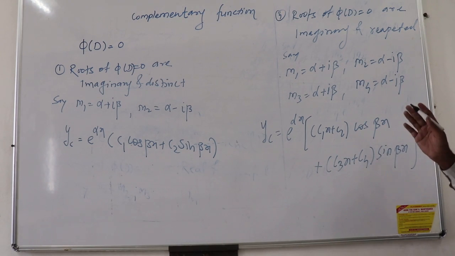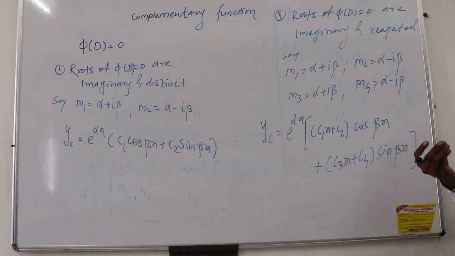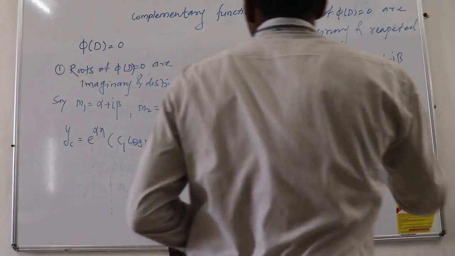So there are four parts of complementary function depending upon its roots. First is real and distinct, second is real and repeated, third is imaginary and distinct, and last is imaginary and equal. Now we see its examples.